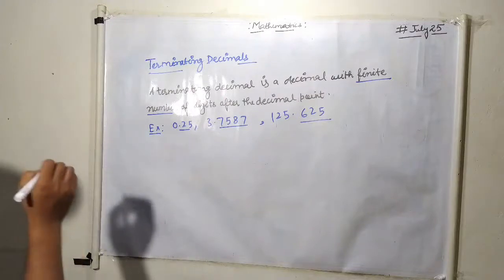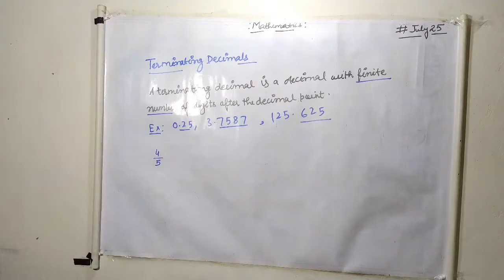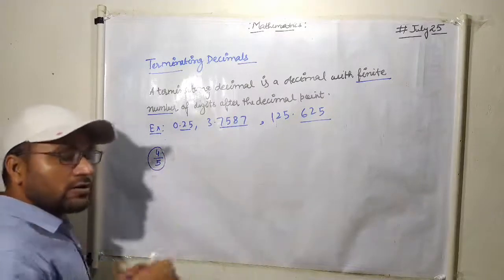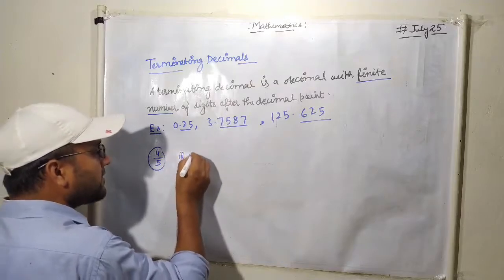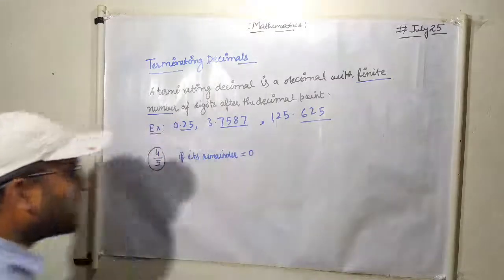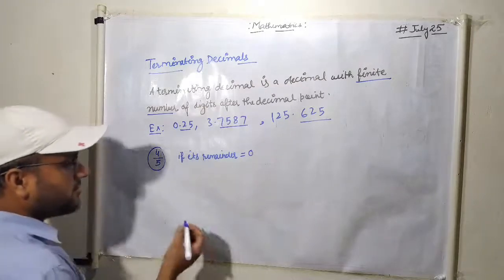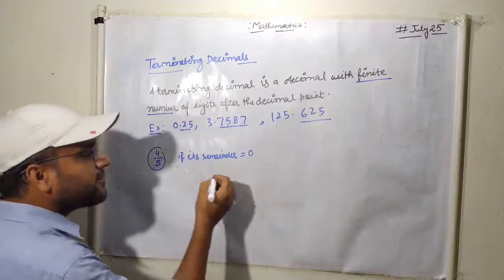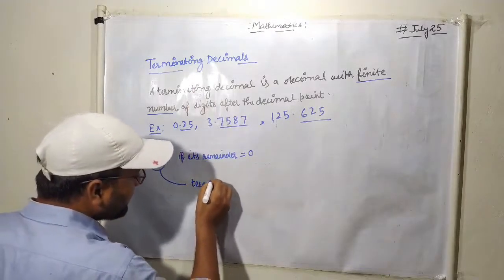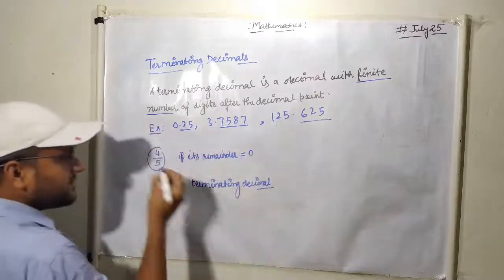When you are converting a rational number or a fraction into a decimal, if its remainder is equal to 0, then the rational number or fraction is representing a terminating decimal.